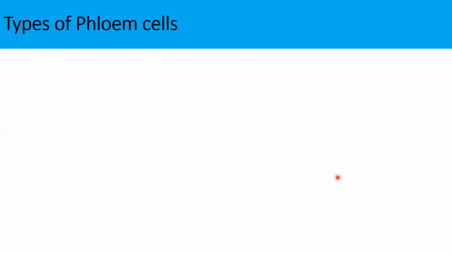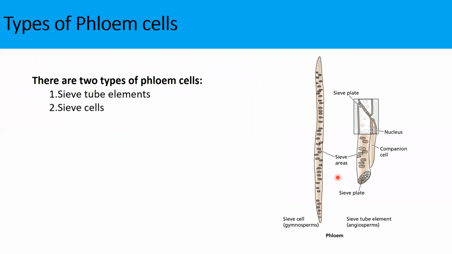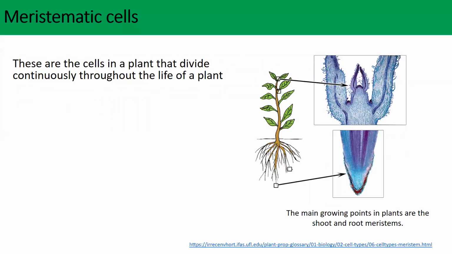So obviously there are two different types of phloem cells. They are sieve tube elements and sieve cells, as we have already seen in our previous slides. Next is meristematic cells.